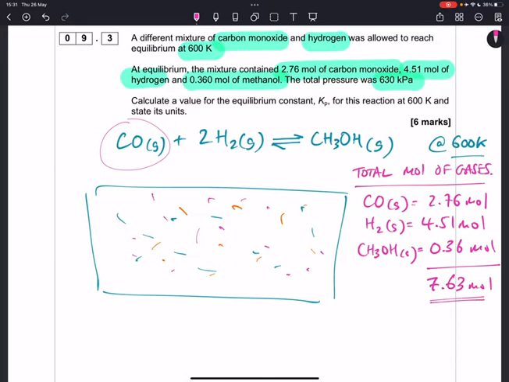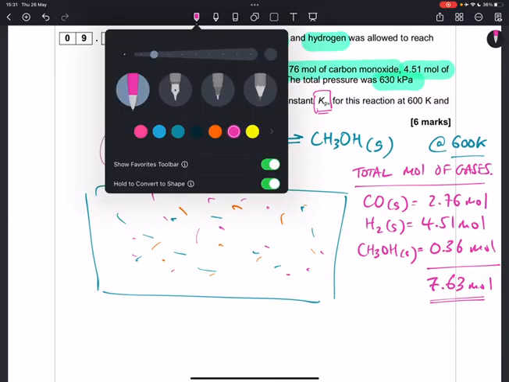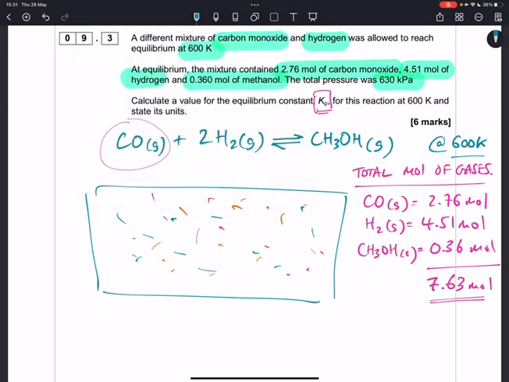Right, and then we've got to say the Kp, the equilibrium constant, which is a way of relating the pressures from all the various gases in there. We can write that like this. The equilibrium constant is equal to the partial pressure of the products, what we make, in this case the methanol, divided by the partial pressures of the reactants.